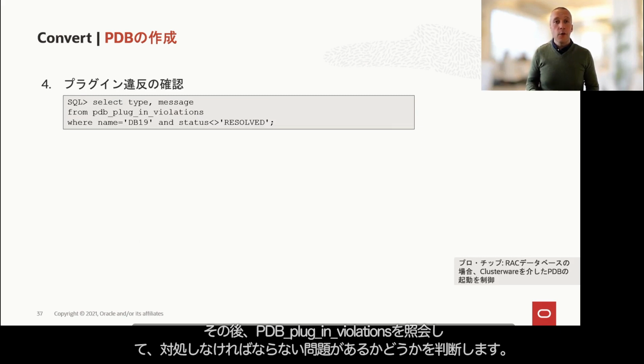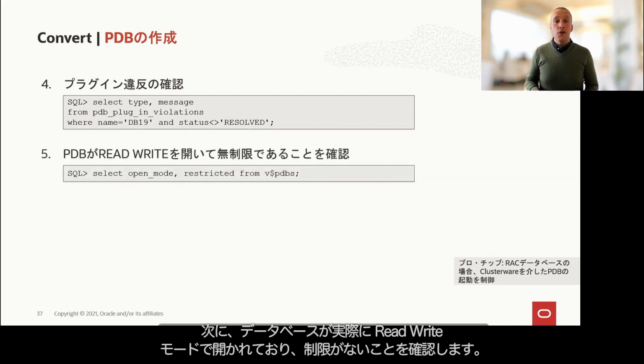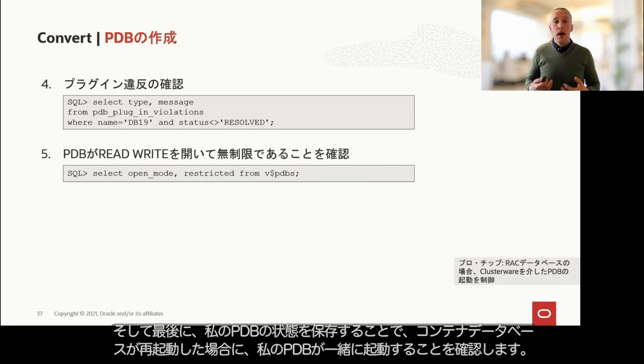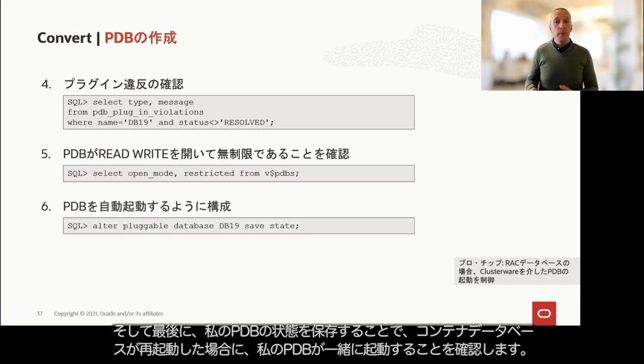After that, I can query PDB plugin violations to determine if there are any issues that I have to attend to. Next, I'll ensure that the database is in fact opened in read-write mode and unrestricted. And finally, I can ensure that my PDB starts up together with the container database if it restarts by saving the state of my PDB.